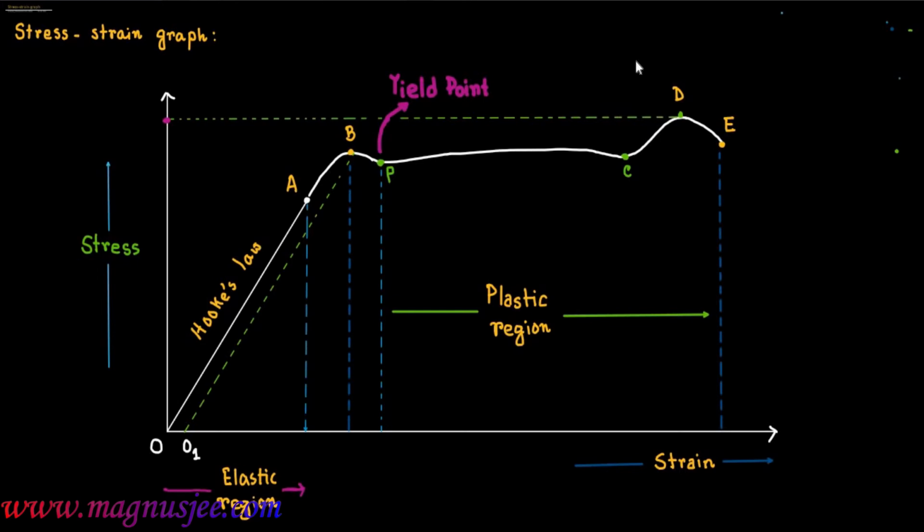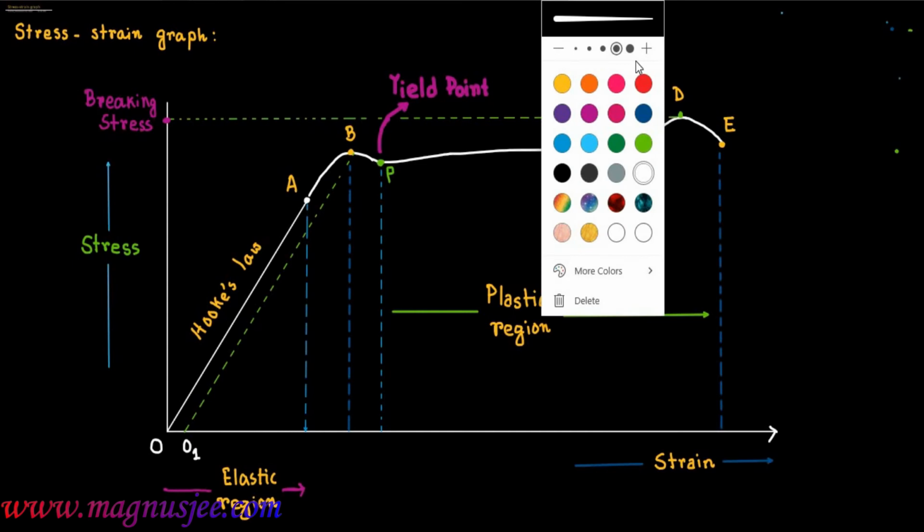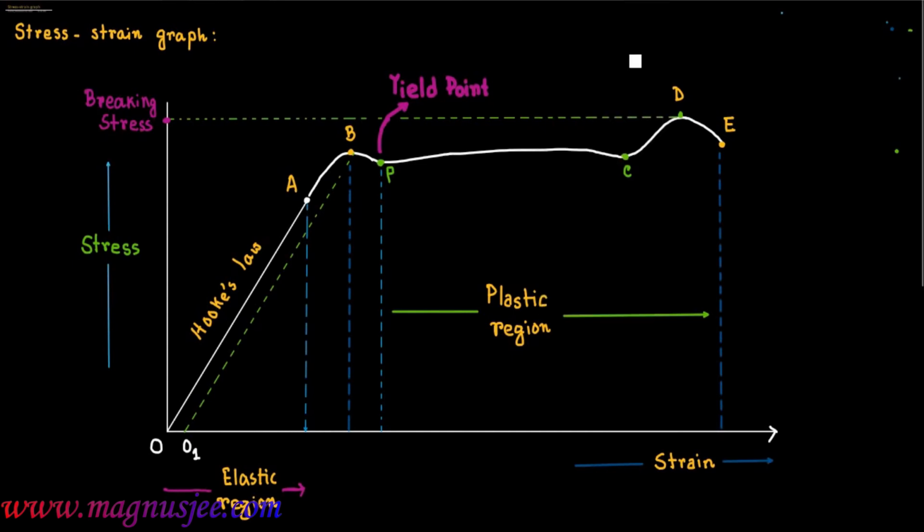The stress corresponding to the point D on the stress-strain graph is called breaking stress. This is the breaking stress, which is denoted on the stress axis. Breaking stress is the stress which the material can endure before failure.